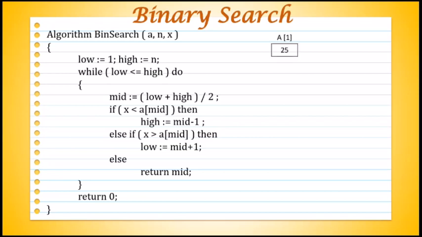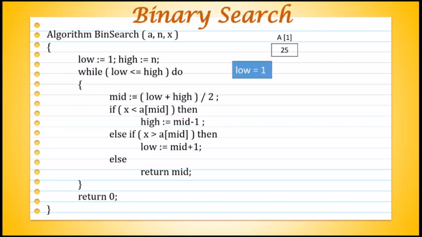Suppose our given array has only one element, that is 25. So A of 1 will be 25, meaning in the first position the element which is stored is 25. That means the size of the array will be 1 only, so the n value will be 1.